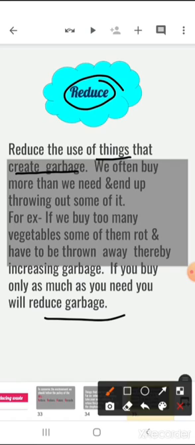It means we can buy only that much which we need. If we went to a vegetable shop, there is no need to buy so many vegetables in kgs. If we have a family of 4, we only have to purchase what is sufficient for the family.